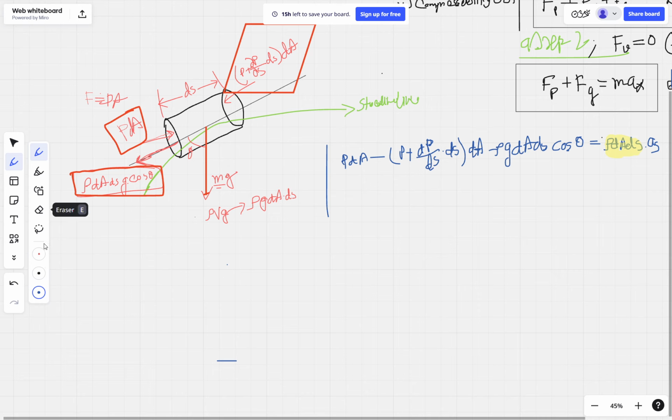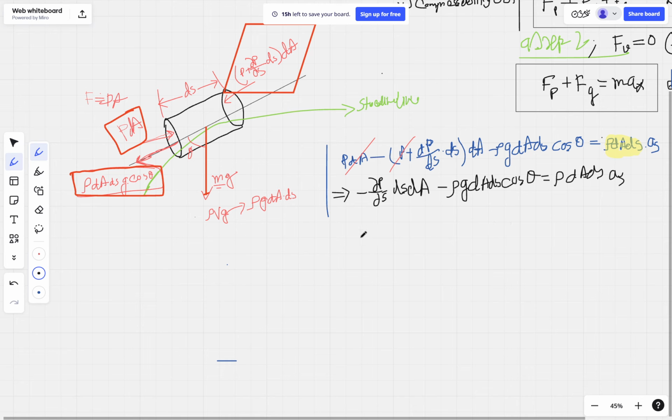Okay, so let's go further. If we go further, then we're gonna see that this part and this part will be cancelled. We'll get this part, and after that we're gonna just divide the equations. Okay, so let's move forward. We're gonna get del p by del s ds dA, right, minus rho g dA ds cos theta equal to rho dA ds a_s.